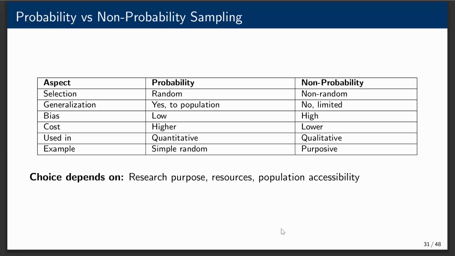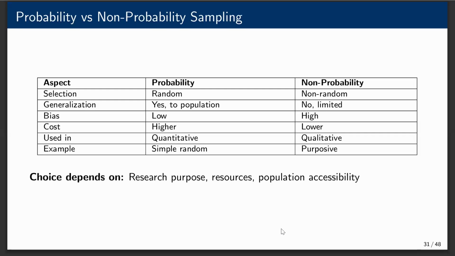Then let's try to understand the difference between probability versus non-probability sampling based on a few aspects like selection, generalization, bias, cost, used in, and type of example. In probability sampling, the selection is random, generalization is to the population, bias will be low, cost will be higher. It is used in quantitative research.